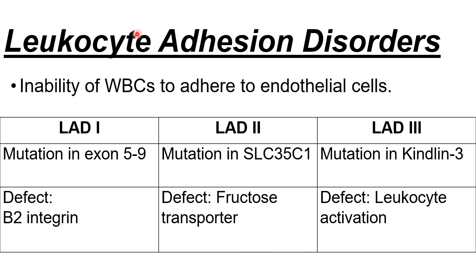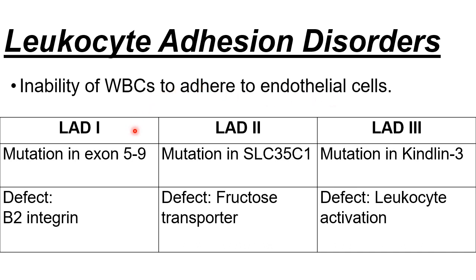Next is leukocyte adhesion disorder. Kasi one of the function of your WBC is to adhere with endothelial cells. Ano ba ibig sabihin ng endothelial cells? These are the lining of your blood vessels. Okay? Kailangan niya mag-adhere doon to be able to travel along the bloodstream. Okay?